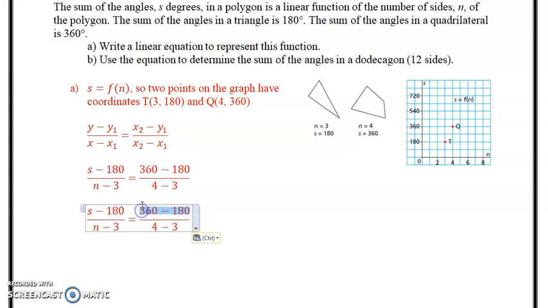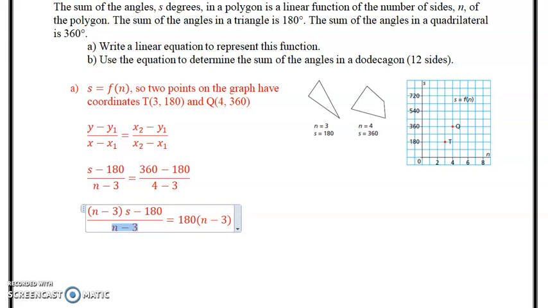Okay? And we'll simplify. We get 180 in the numerator, and we get 1 in the denominator. And we'll multiply both sides by n minus 3. Now, obviously, if that's over 1, we can just leave that as 180. Multiply both sides by n minus 3 because we want to get rid of that denominator. So you do to one side what you do to the other.